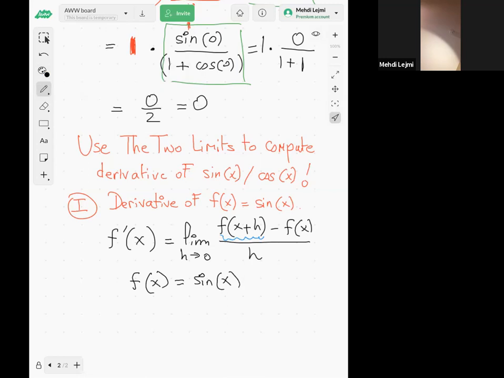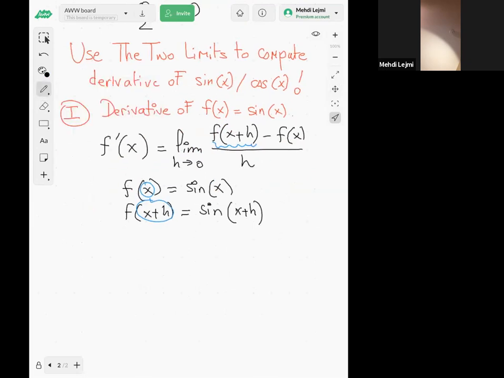F of x is sine of x, so f of x plus h, just substitute x by x plus h, so we're going to have sine of x plus h.